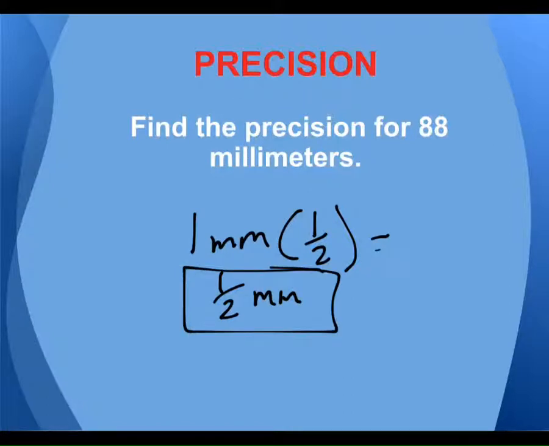That's the precision. It doesn't say to explain what the precision is, but if it did, I would say this measurement is precise from 87.5 millimeters to 88.5 millimeters. A half below this and a half above it. I could have written 0.5 here. Instead I wrote the fraction. It doesn't matter either way. Okay.